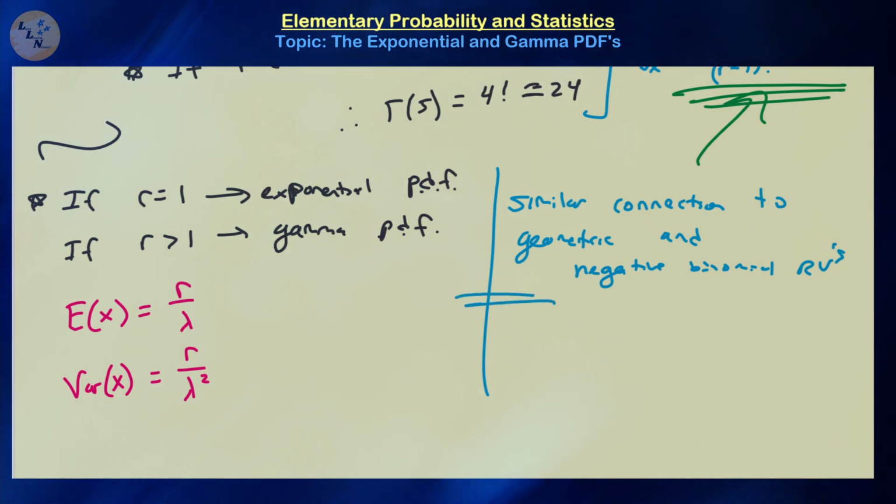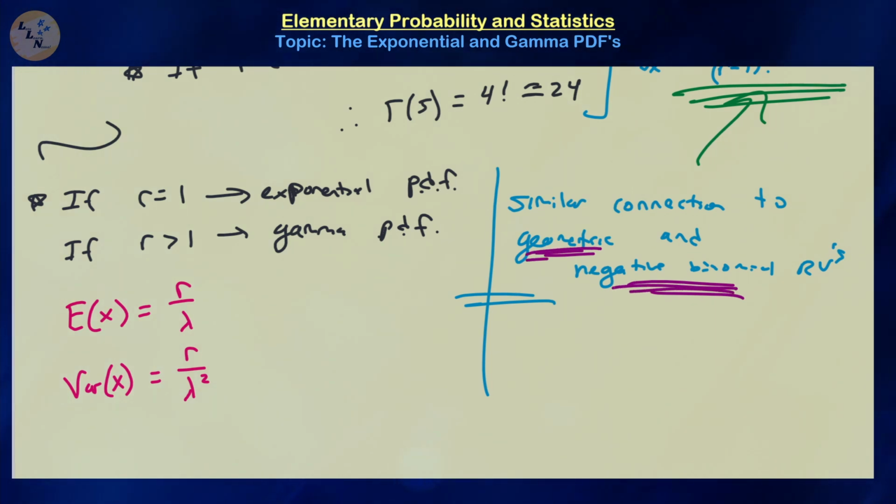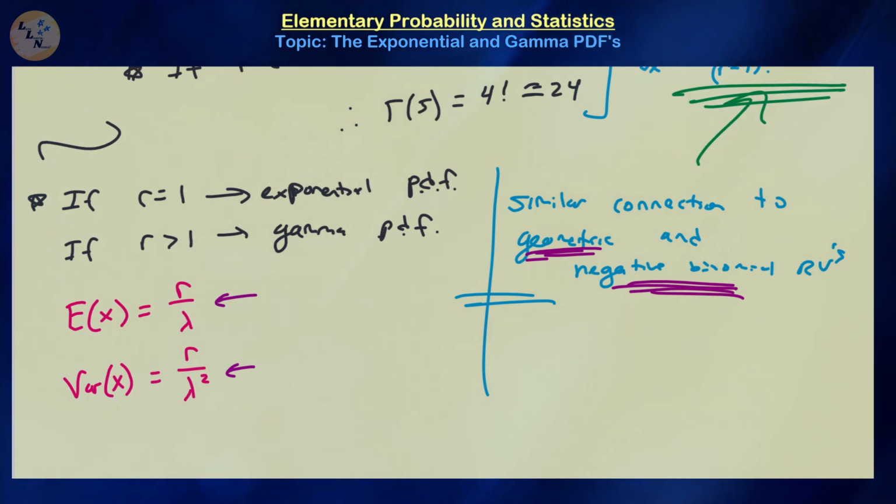Remember, for geometric random variables, we try something until we get our first success, and for negative binomial, we try something until we get our r successes. And if you remember the formulas for the exponential, the geometric and the negative binomial, they practically have the same exact connections with each other, which is actually pretty interesting, right?